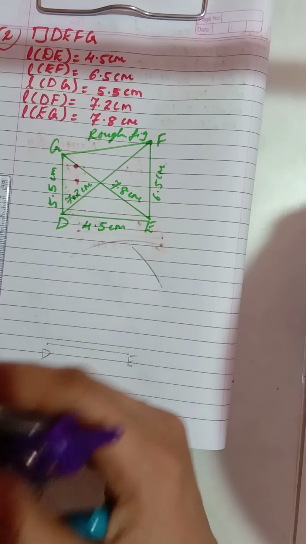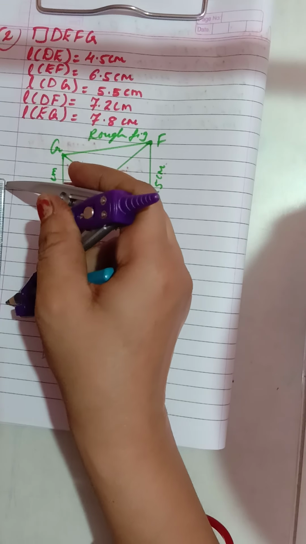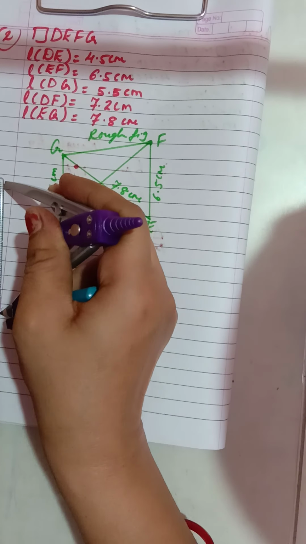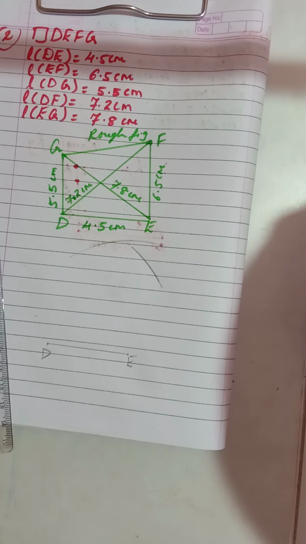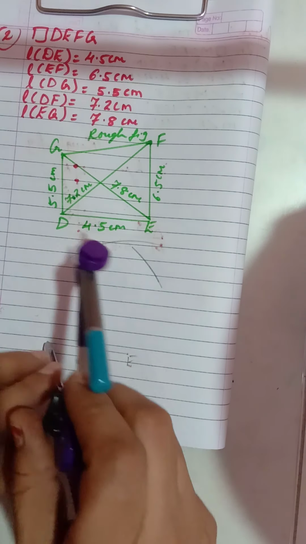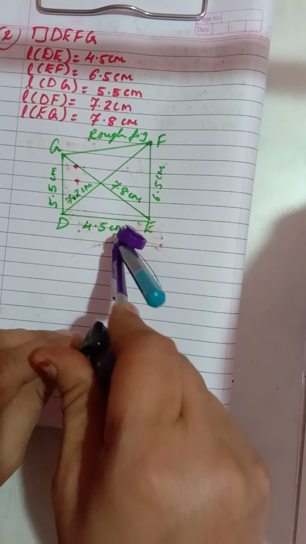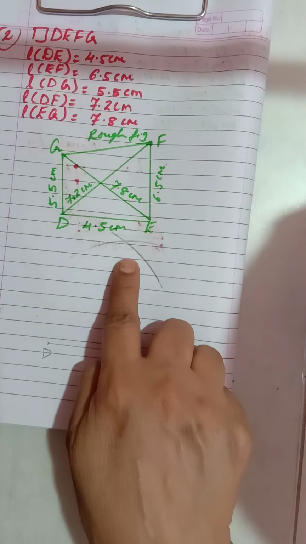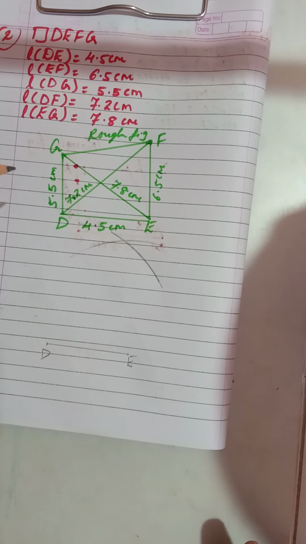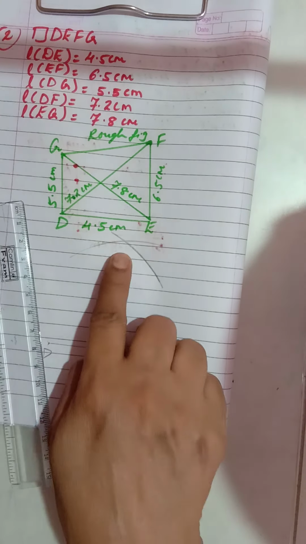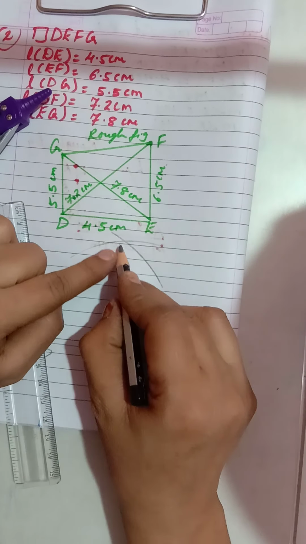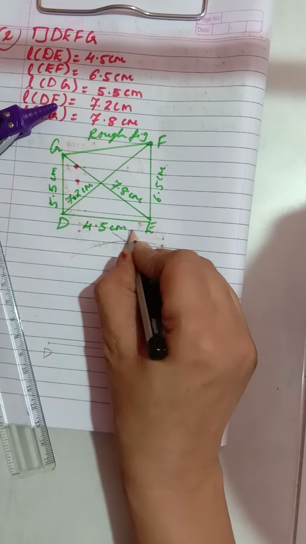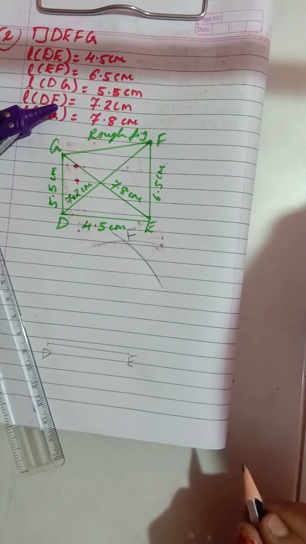So you will take 7.2 again and extend the first arc. We want the intersection of the two arcs. Both arcs are intersecting. This point where both the arcs intersect is nothing but your point F.